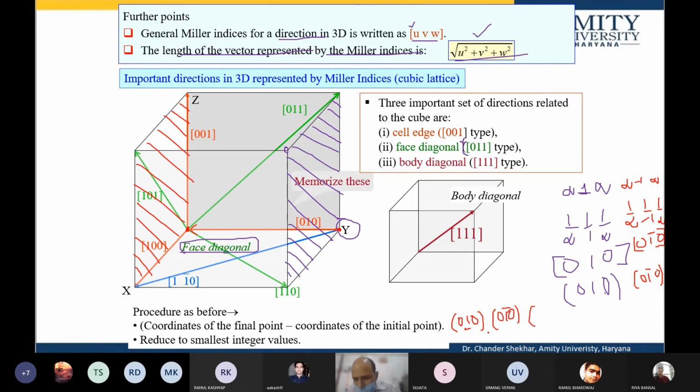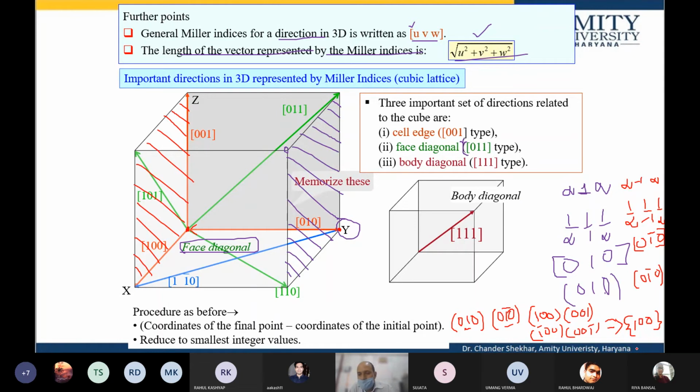So this one can be at 3 different places: 1 0 0 and 0 0 1. Similarly the other one could be 1 bar 0 0 and 0 0 1 bar. So this is the family of planes. A family of planes can be represented with curly brackets and then 1 0 0.